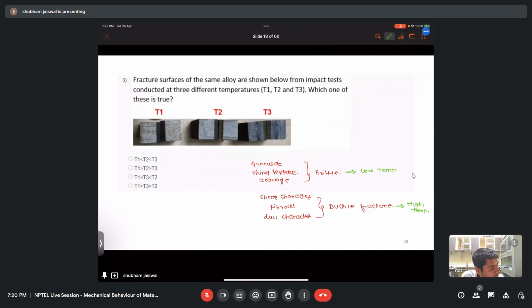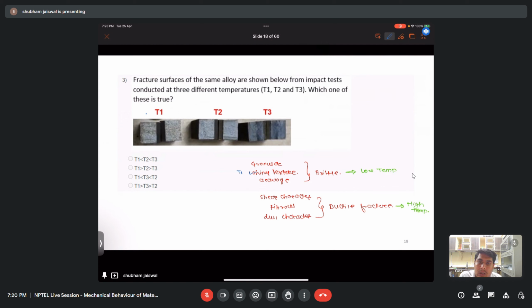So now if we see here the first one, T1, the surface is shiny texture, it is following T1.